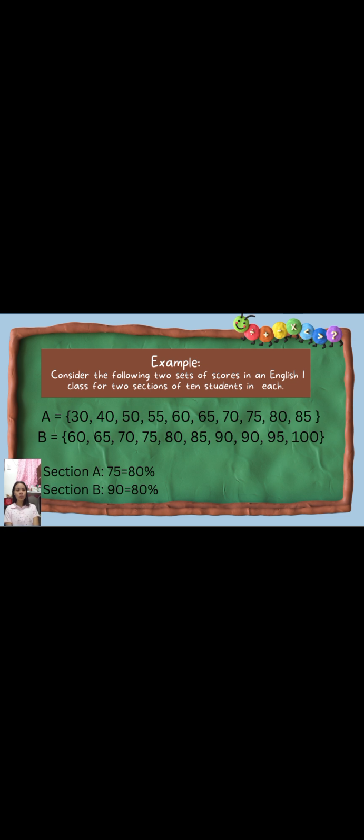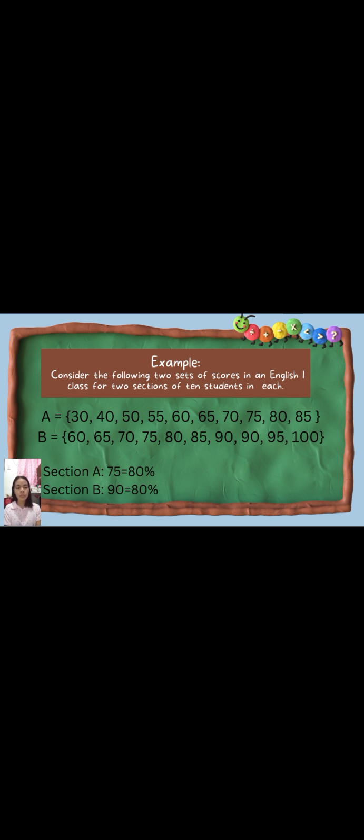For example, consider the following two sets of scores in an English 1 class, two sections of 10 students each. Section A: 30, 40, 50, 55, 60, 65, 70, 75, 80, and 85.